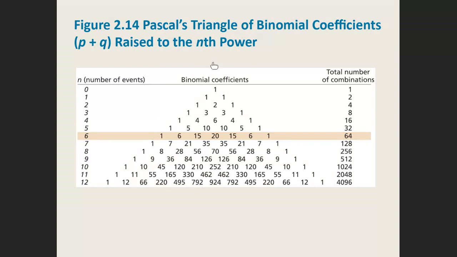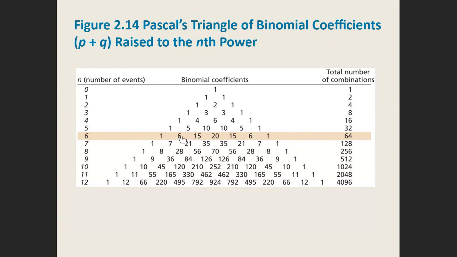So here's the Pascal triangle. This is from the French mathematician of the 17th century who sort of developed these formulas. And no matter what the number of events, like if you're thinking about the previous problem with 6 kids, well, here are the coefficients, and you'll have 64 total number of combinations.